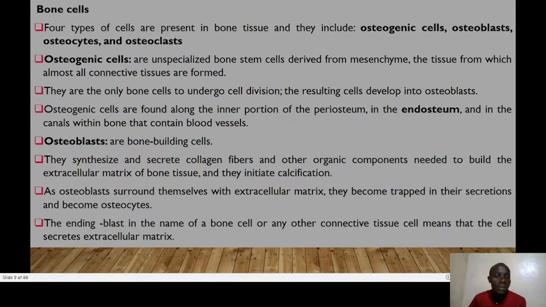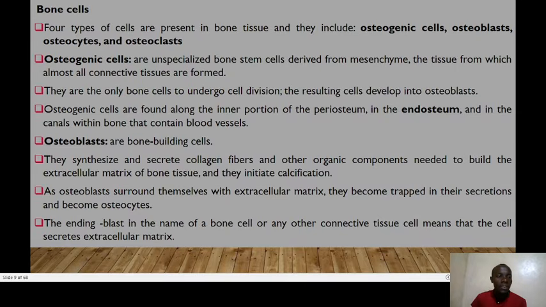They are the only bone cells that are able to undergo cell division, developing into another group of cells that we refer to as osteoblasts. So osteogenic cells are found along the inner portion of the periosteum, in the endosteum, and in the canals within the bone that contain blood vessels.